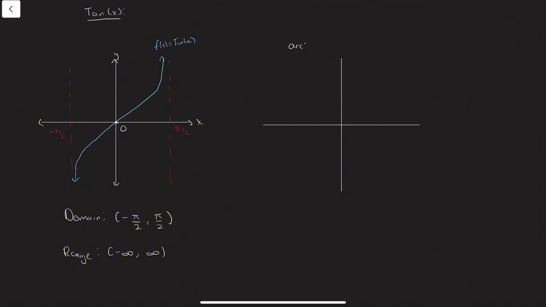So for arc tan of x, or tan inverse of x, we now have these horizontal asymptotes, and they occur at negative pi over 2 and pi over 2 on the y-axis, as well as we have this function that looks as such.